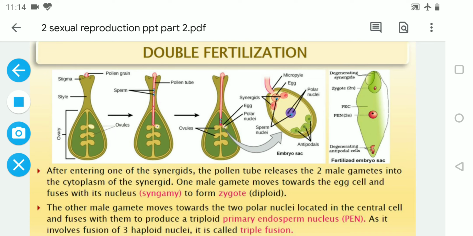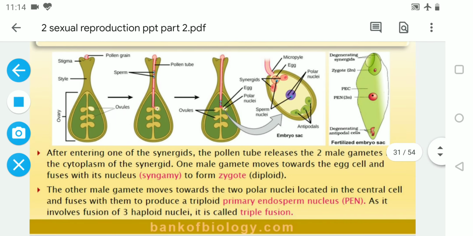Out of these two, one male gamete moves towards the egg cell and fuses with its nucleus. This process is also known as syngamy, to form the zygote, that is diploid, because the male gamete contains n and the egg contains n. By the fusion of these two nuclei, it gives rise to the diploid zygote.